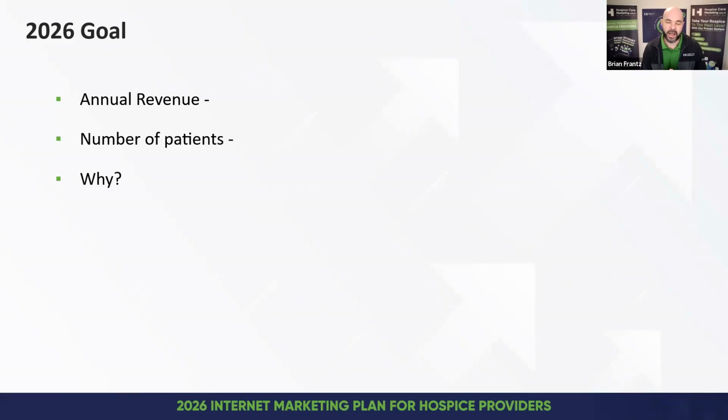I think the next important element to all this is your why. What is going to be different for your life in December of 2026 when you hit this goal? What would you like to do? I think this is one of the most important things.